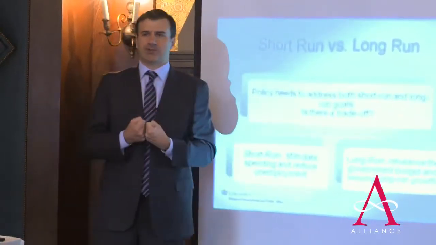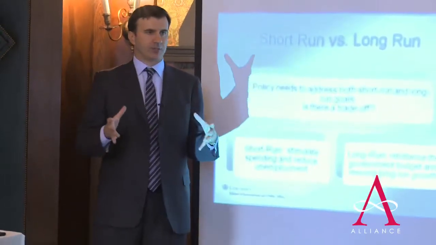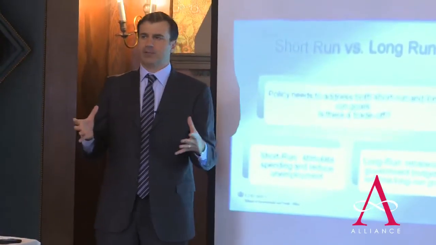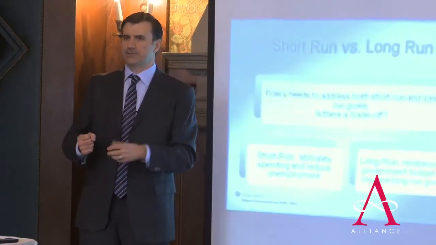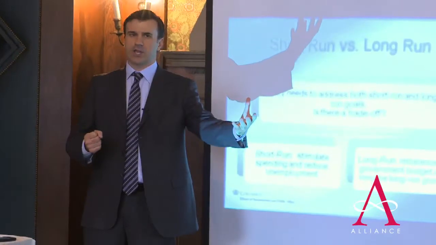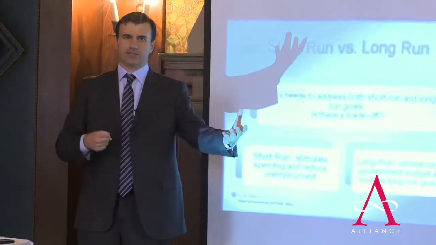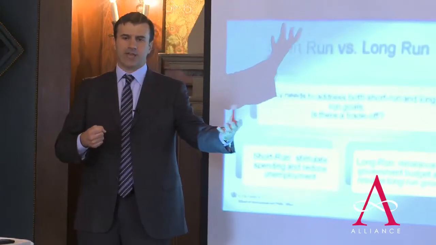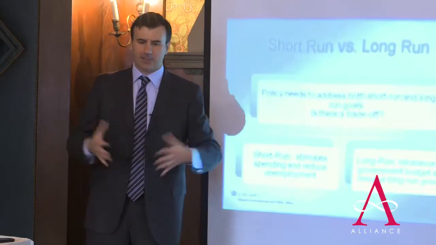From the short run perspective, we need to make sure the GDP increases as soon as possible to make sure that people are hired, so unemployment goes down. The long run perspective is to do what? We need to make sure that the budget deficit is fixed, so then future generations will have enough capital to grow.